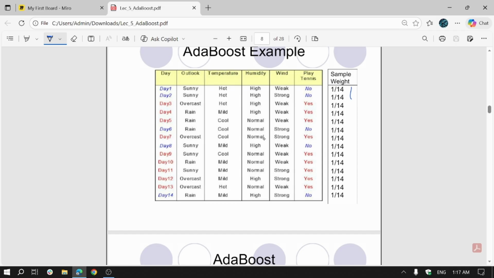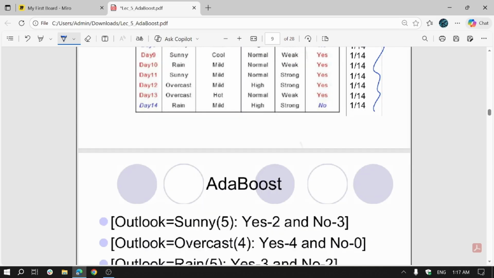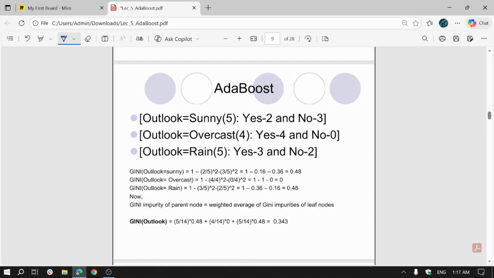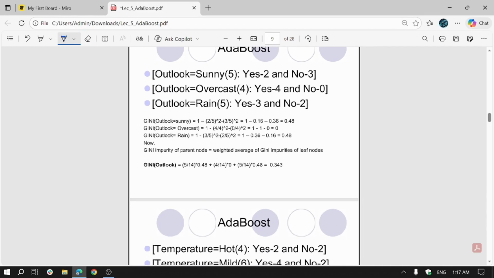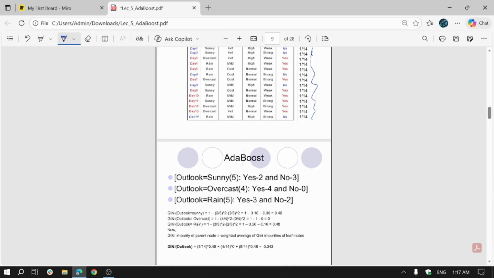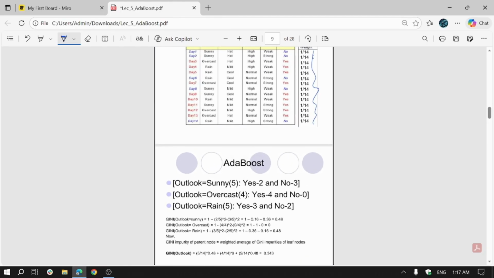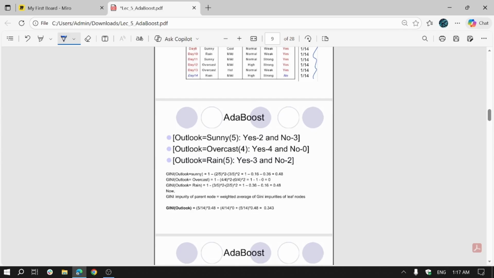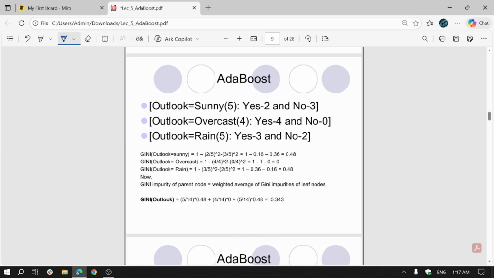Then they found the Gini impurity and took the lowest one, for sunny, overcast, and rain of outlook.